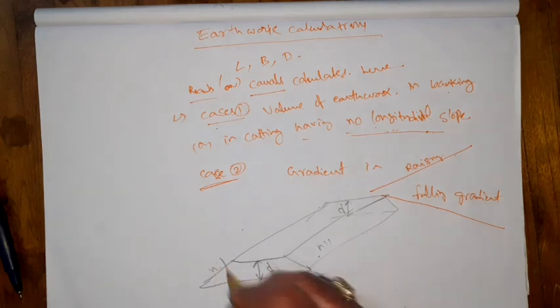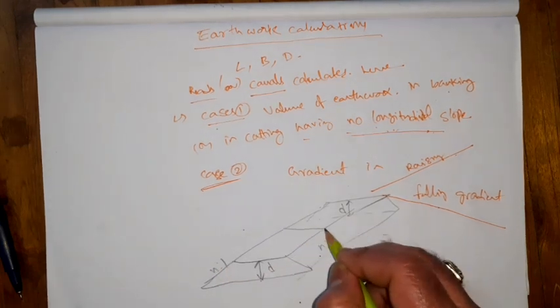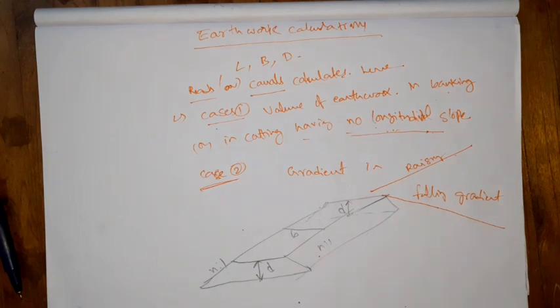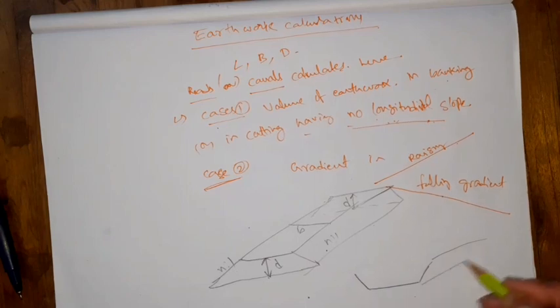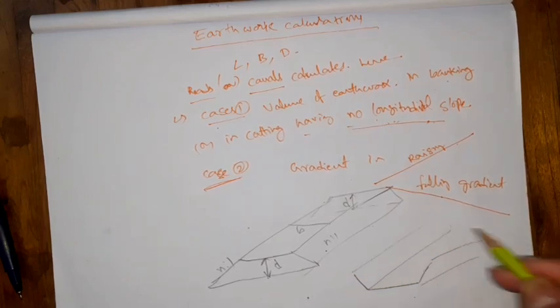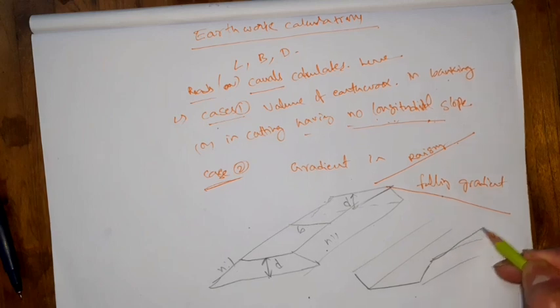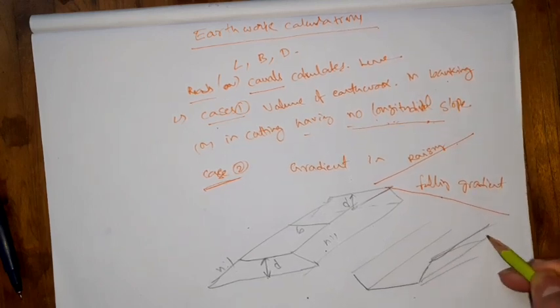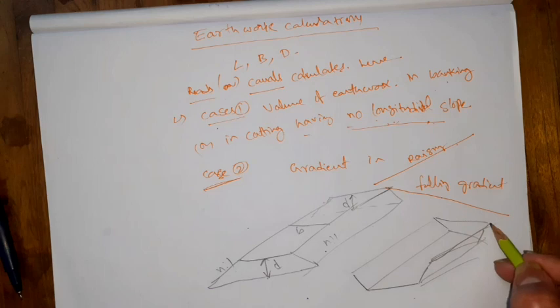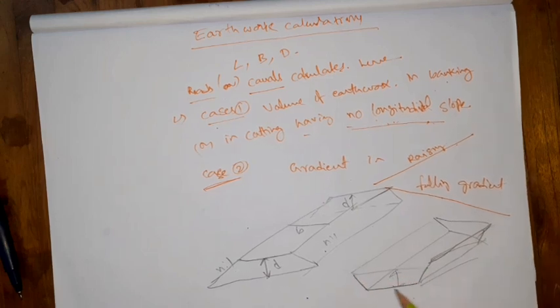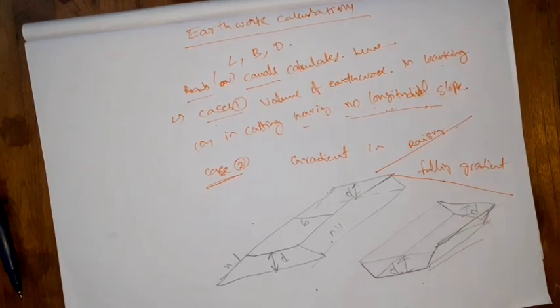Here also you can find n is to 1. The formation width is B. Similarly, in case of a cutting you can find the same. It may look like this. Here also you can find the same depth D. So this is case 1.